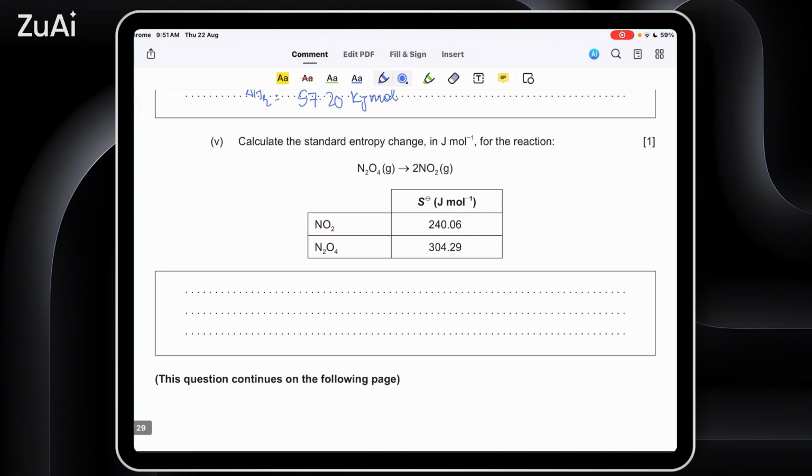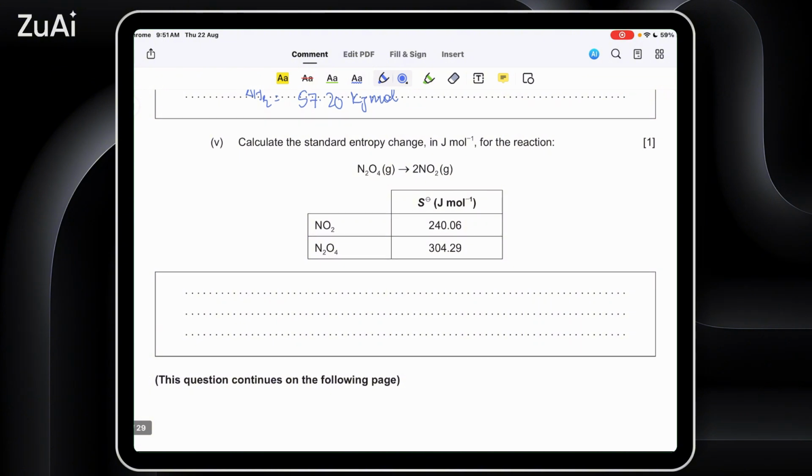Next, calculate standard entropy. What is the entropy? Delta S of products minus reactants, because we have been provided with the product entropy and reactant entropy. So delta S product minus delta S reactant.